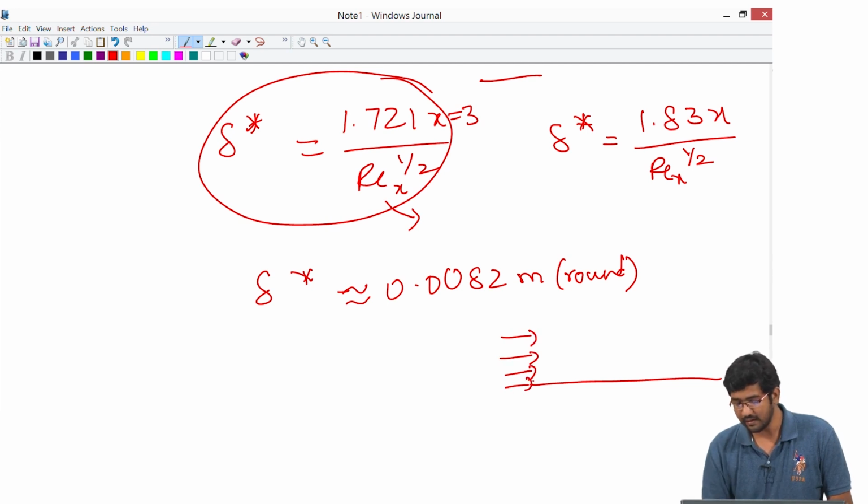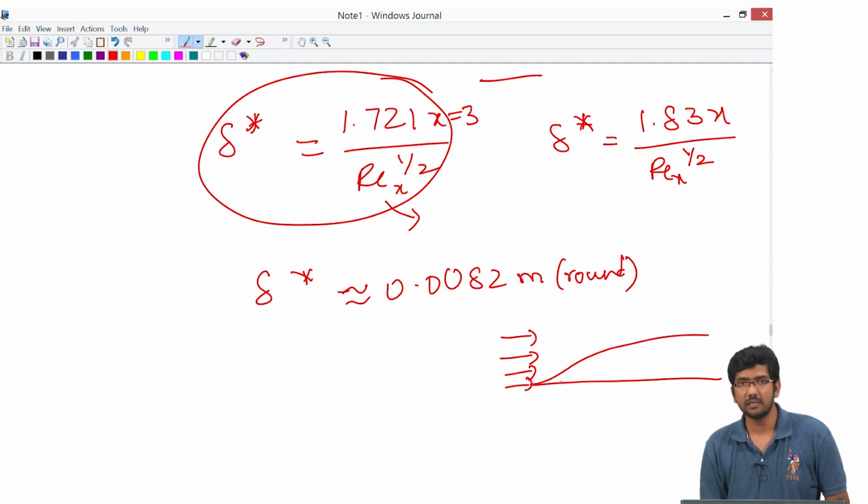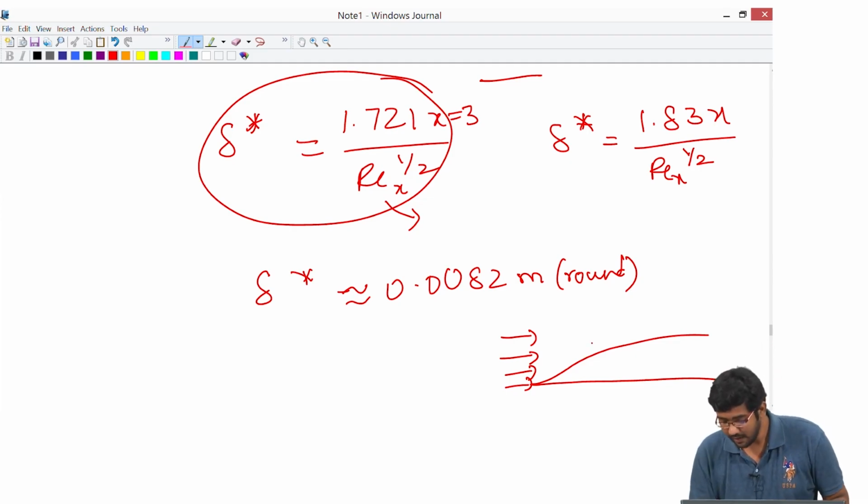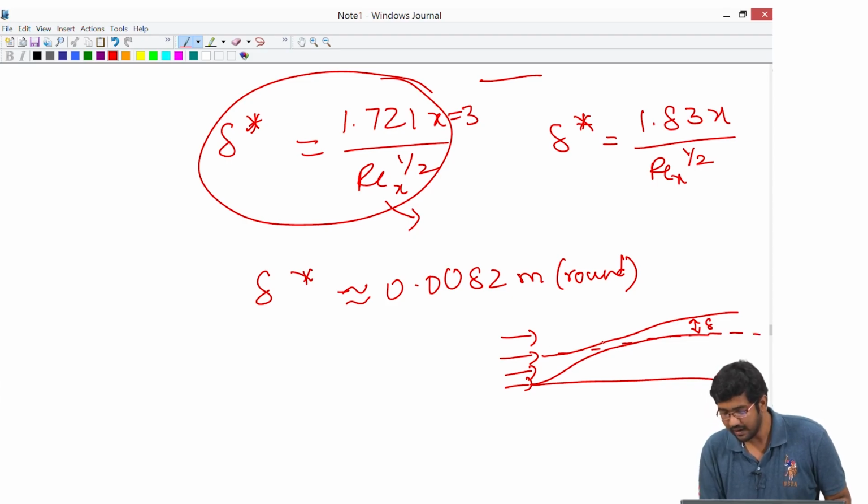We know that there will be a boundary layer development, and displacement thickness is the measure to quantify the amount by which the outermost streamline gets displaced. The streamline which is just outside the boundary layer is getting displaced because of the boundary layer effects. This displacement is quantified by displacement thickness.